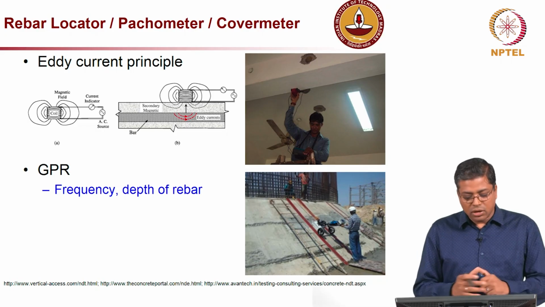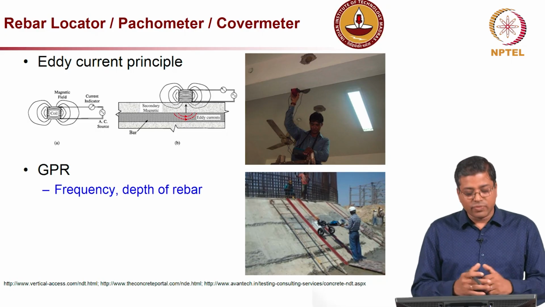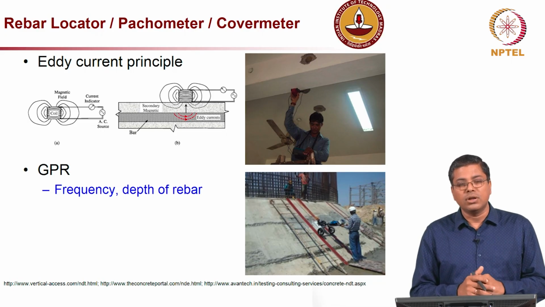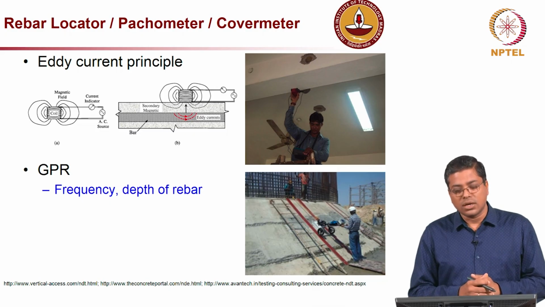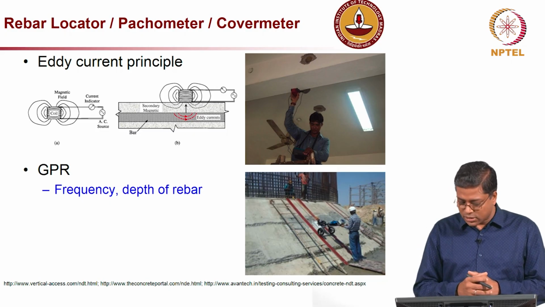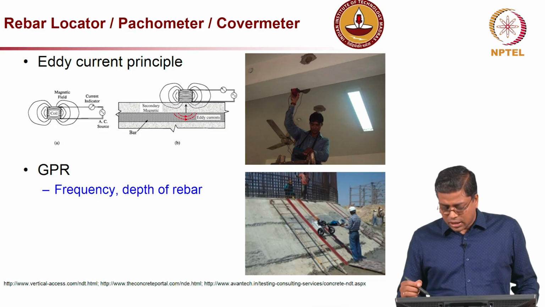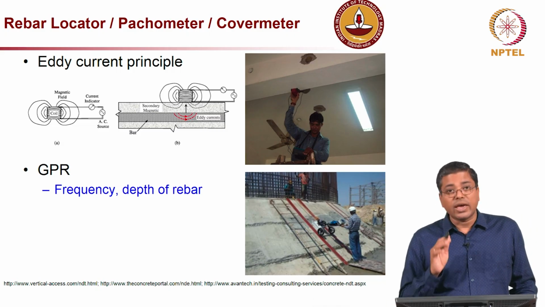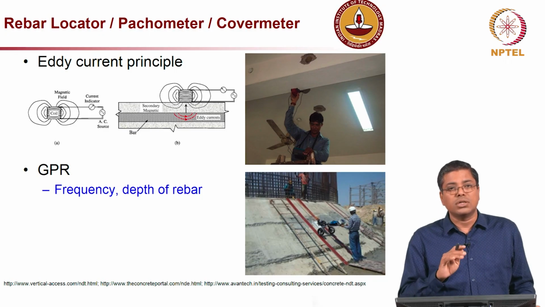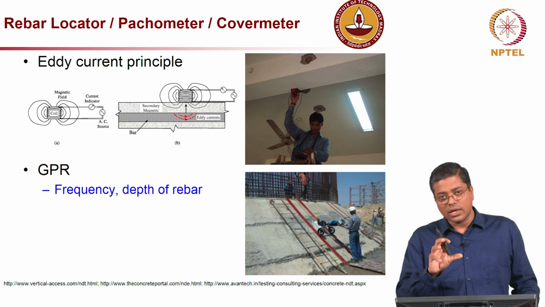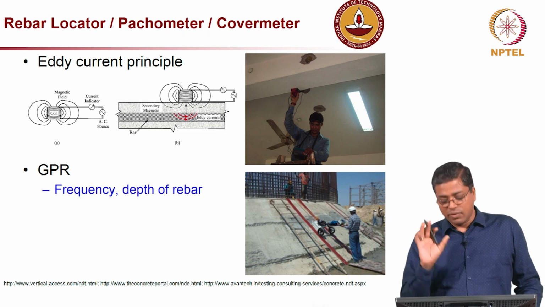Some of these instruments are based on the eddy current principle and some are based on ground penetrating radar systems. So, you can use these tools to see where the rebar is and make sure that you are not coring at that location, but taking the core from a location away from the rebar.